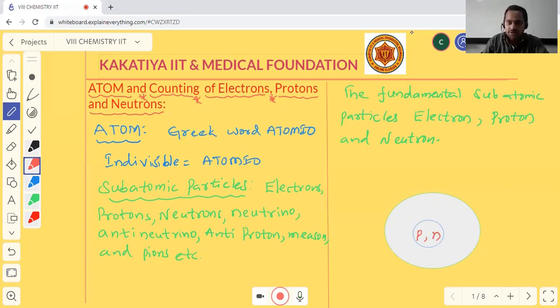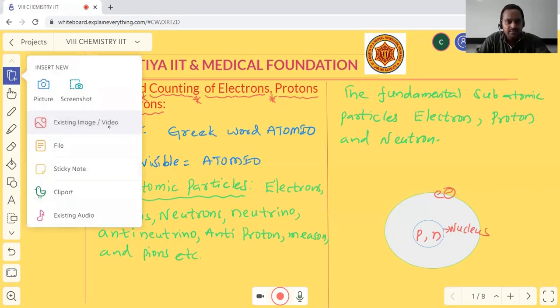Around the nucleus there are paths called orbits. In orbits, electrons exist, and they revolve around the nucleus. This is the structure. I will show you with a video.